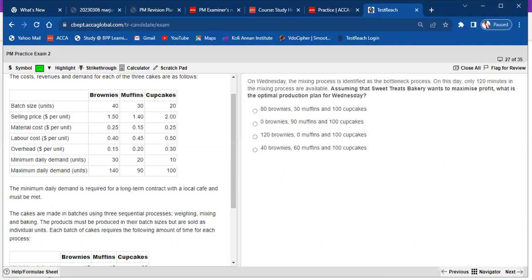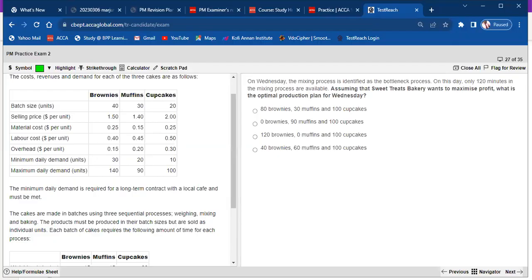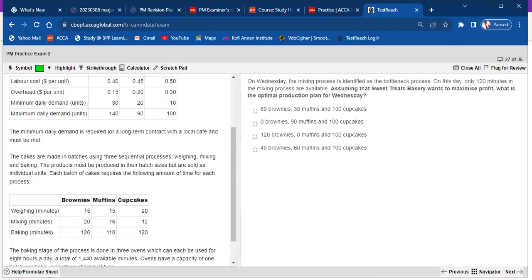1.4 minus 0.15, I got 1.25 times 30 units. Okay, divided by the time required, which is 16.